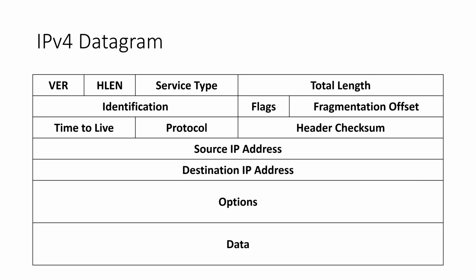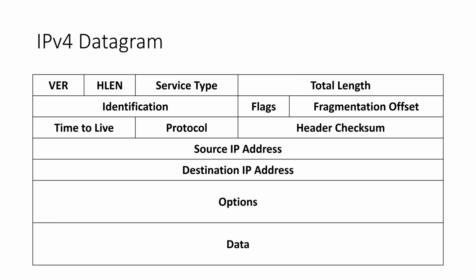Here you see the complete layout of an IPv4 datagram. At the top of the header, fields like version, header length, and type of service are present, followed by critical fields like total length, identification, and fragmentation information. Further down, fields like time to live, protocol, header checksum, and the essential source and destination IP addresses are included.